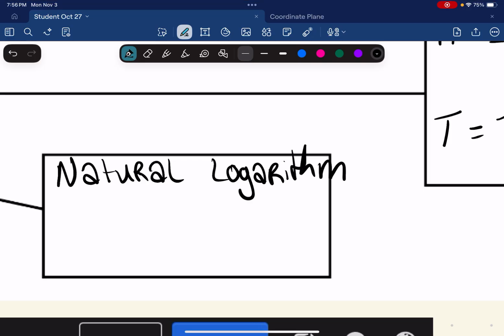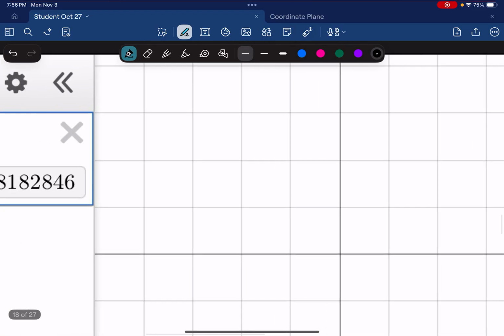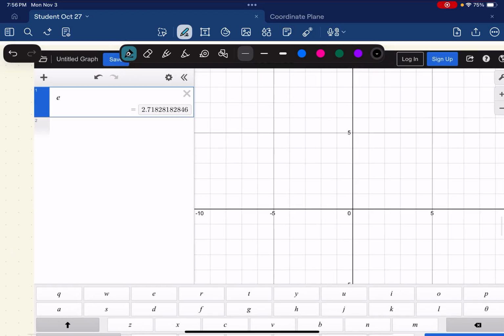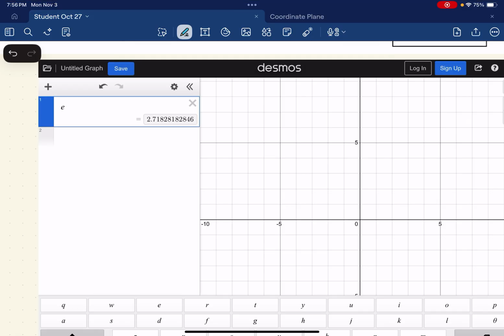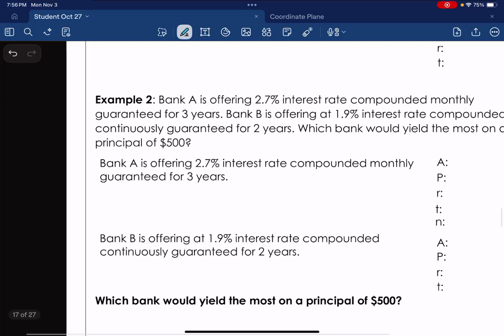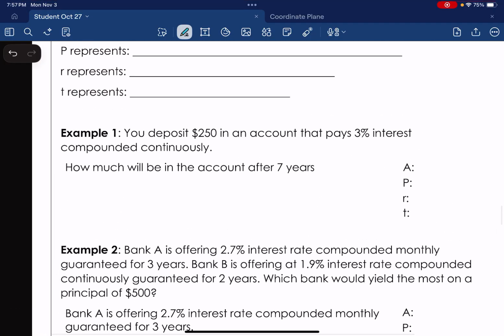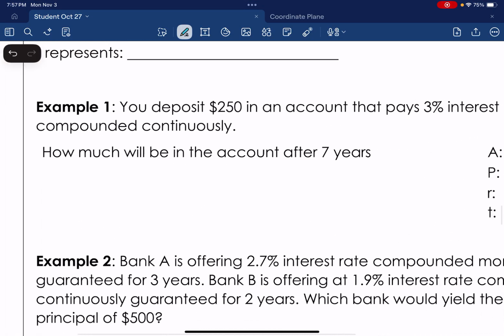Okay? E, we just type it into Desmos, just using your alphabet keypad, and you see we get a number. So we just get that. I don't need you to memorize it or anything like that, so you don't have to worry about it. Now, again, it's used when we are using the word compounded continuously.